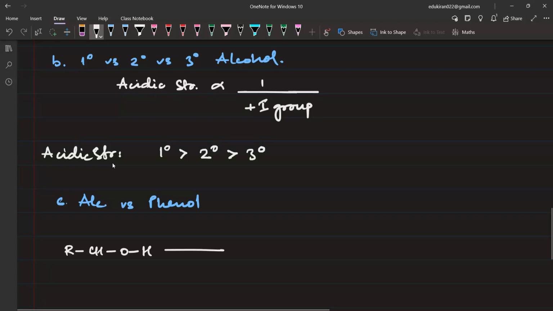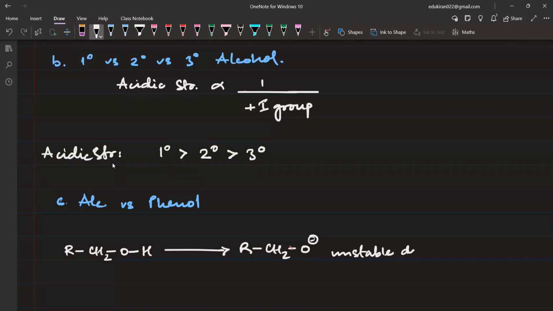So when you have an alcohol like this, RCH2OH, we have seen that we have to have RCH2O negative. Now, it's the same thing. The alkyl group is going to give electron density to the O negative, and it is going to make it unstable, right? So you'll write that it is unstable due to plus I group.